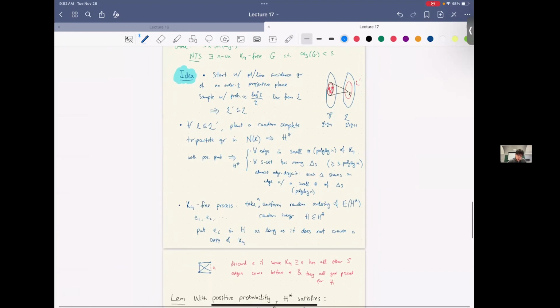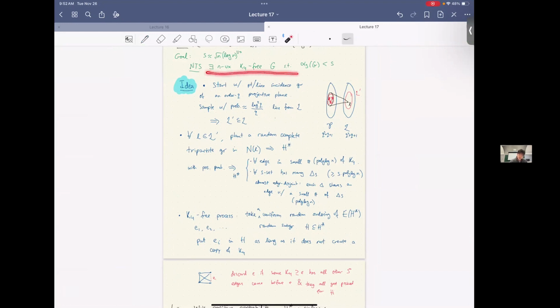If your goal is to find an n-vertex K4-free graph with small alpha 3 independence number, the idea is you start with the projective plane, then you do a random sparsening, the complete tripartite random block construction, which will give you all these nice properties: free of C4, free of K4, every edge is in a K4, and every square root n size set will have many triangles, which is good for proving alpha 3 of G is small. And these triangles are almost edge disjoint, so later it's good for using concentration inequality.